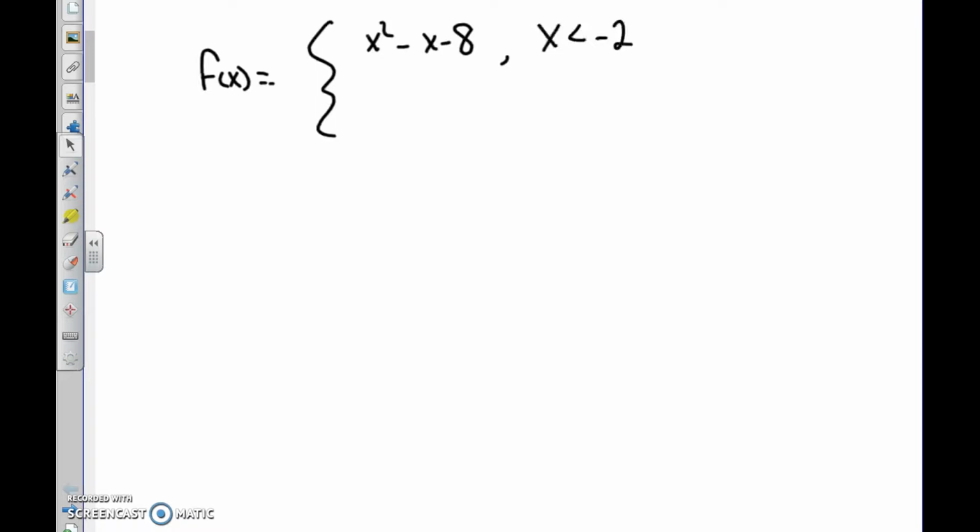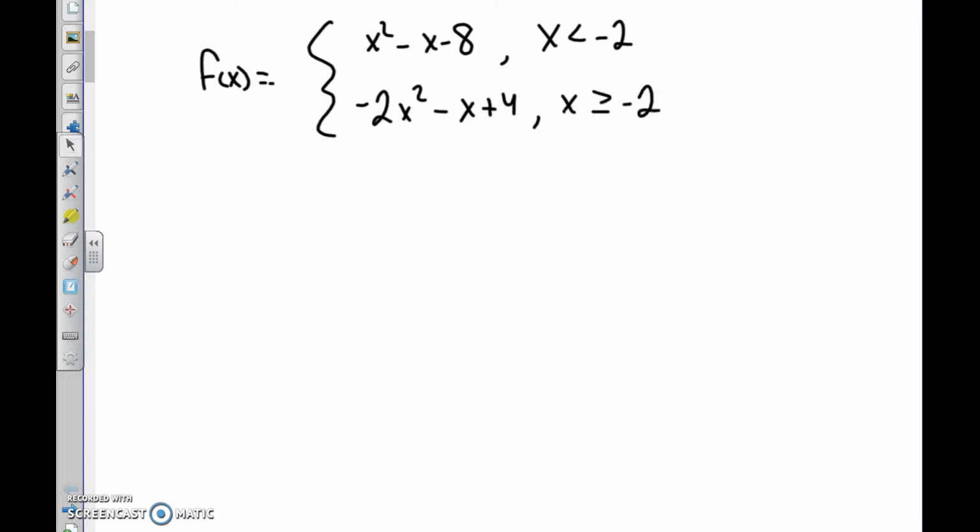And then another piece of this function, -2x squared minus x plus 4, when x is greater than or equal to -2.